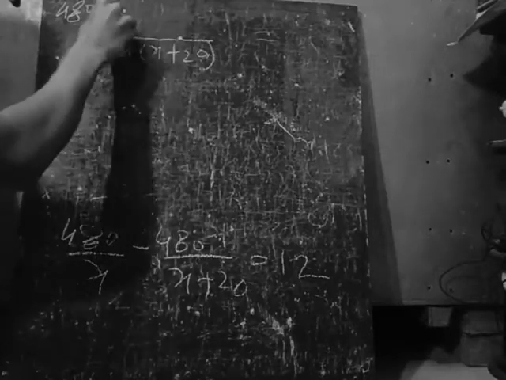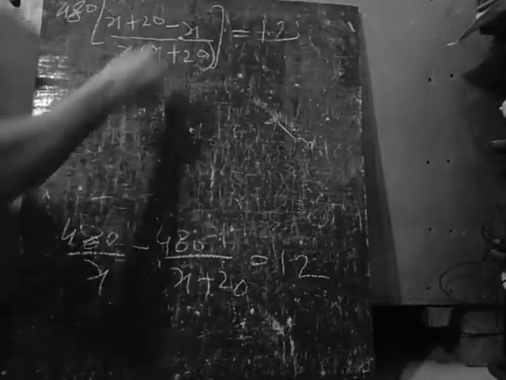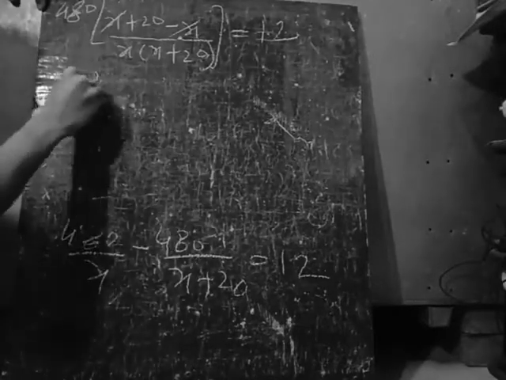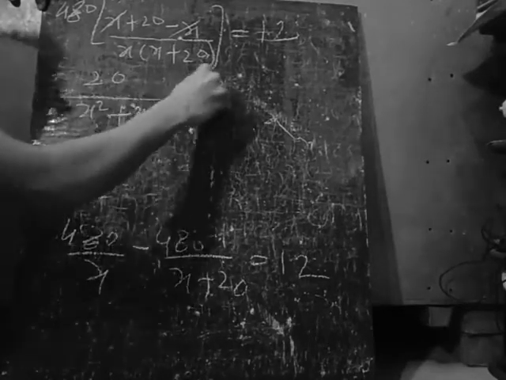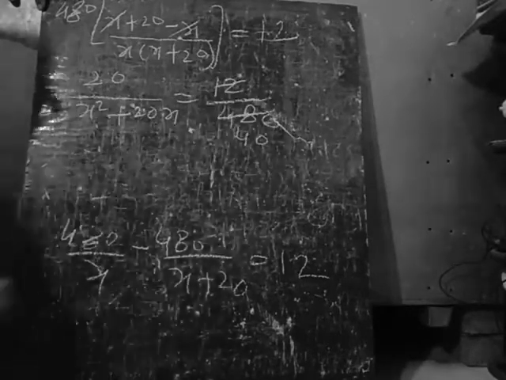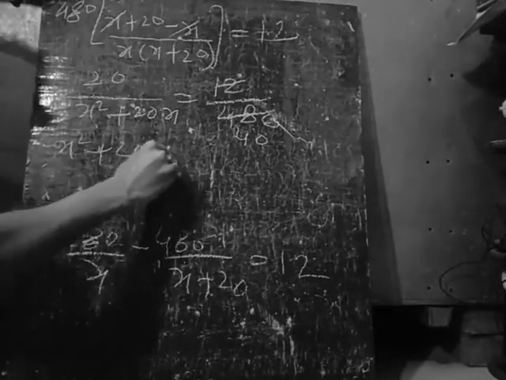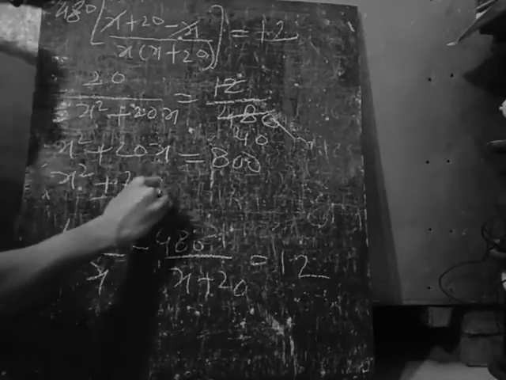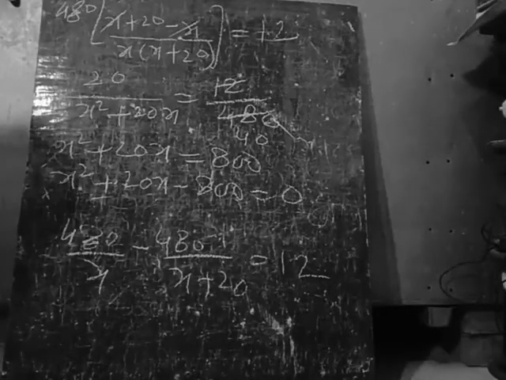So we get x plus 20 minus x, that is 20, upon x square plus 20x equal to 12 upon 480. 12 times 40 is 480, so that is 1 upon 40. Now cross multiplication: x square plus 20x equal to 800, that is x square plus 20x minus 800 equal to 0.